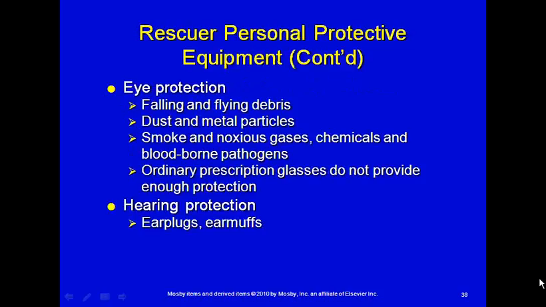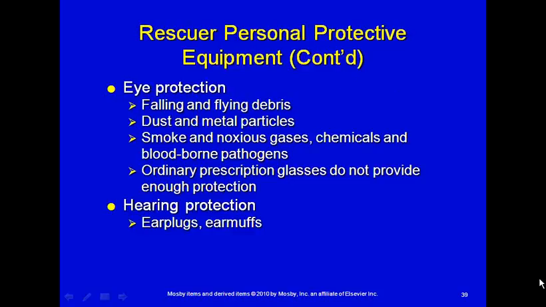Eye protection: at a rescue scene you may be dealing with falling or flying debris, dust and metal particles, smoke and noxious gases or chemicals, and bloodborne pathogens that could spray into the mucous membranes of your eyes. Ordinary prescription glasses just don't provide enough protection.